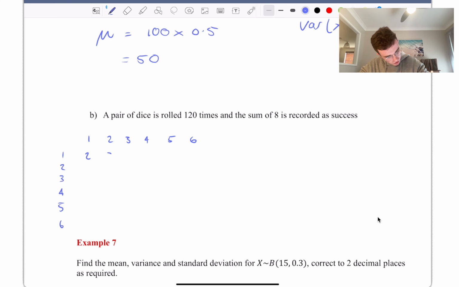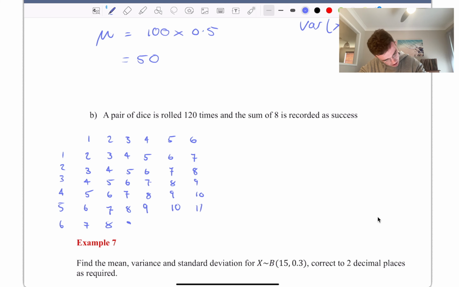That's going to be 2, 3, 4, 5, 6, 7. 3, 4, 5, 6, 7, 8. 4, 5, 6, 7, 8, 9. 5, 6, 7, 8, 9, 10. 6, 7, 8, 9, 10, 11. And 7, 8, 9, 10, 11, 12.